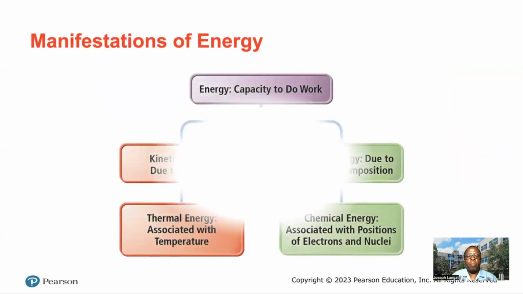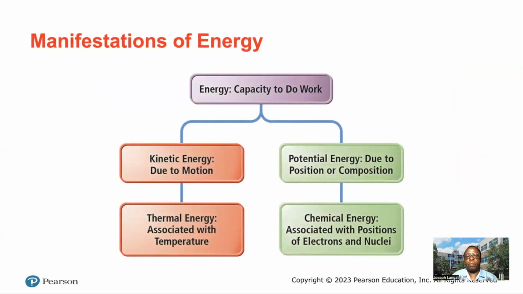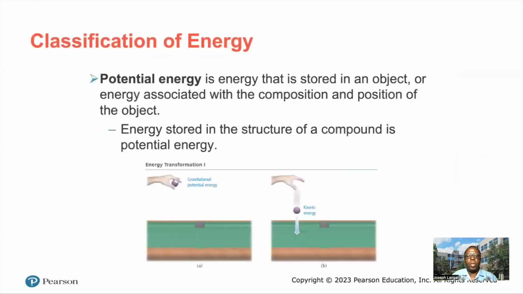Please memorize the few terms I've given you: kinetic energy, potential energy, thermal energy, chemical energy, and so forth. Potential energy is the energy that is stored in an object or associated with the composition or position of an object.